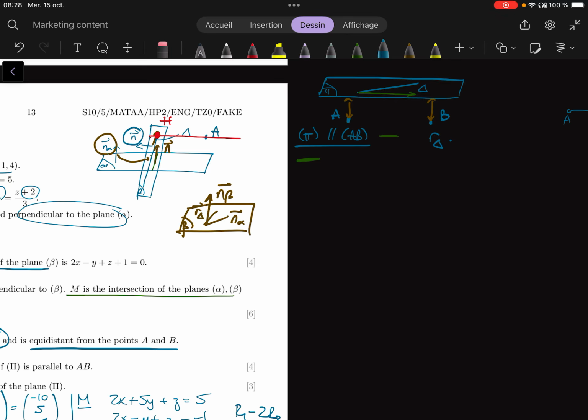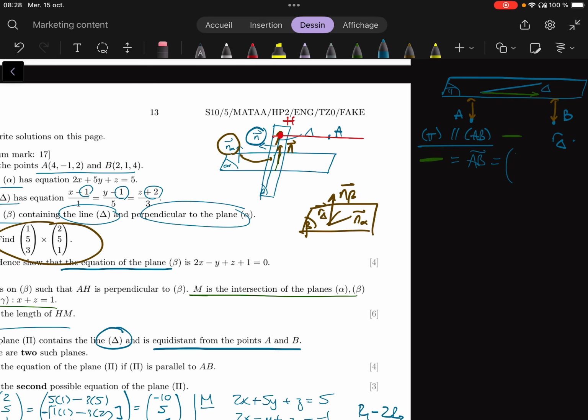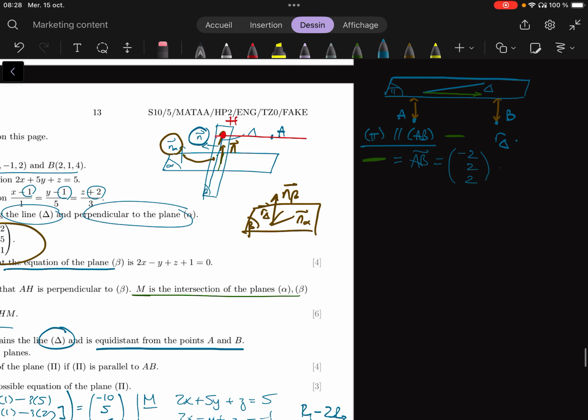That green thingy is parallel to AB, so therefore this vector is equal to the vector AB, which is equal to (-2, 2, 2).